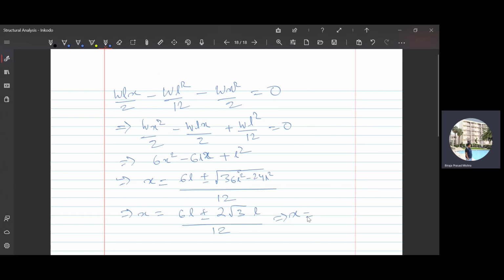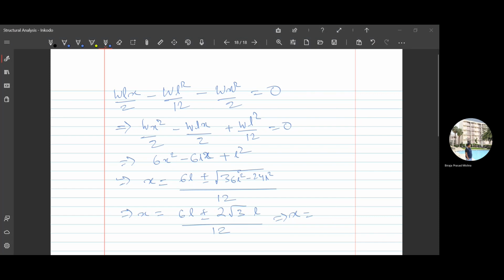If I further simplify, x equals L by 2 plus minus L by 2 root 3.